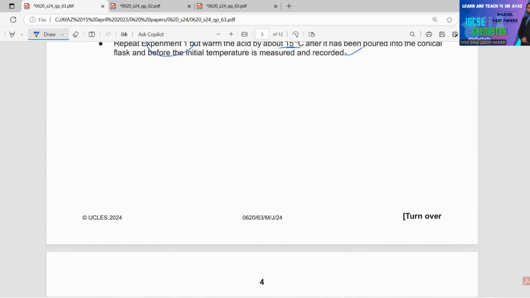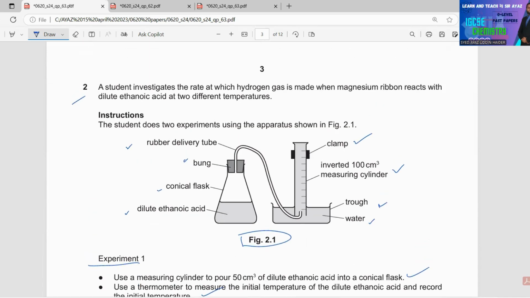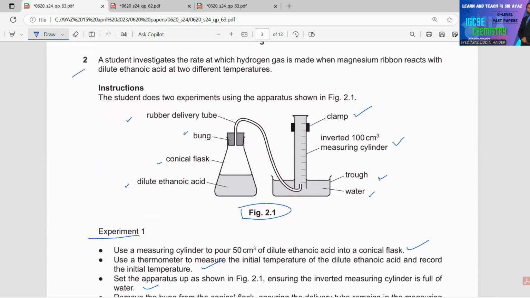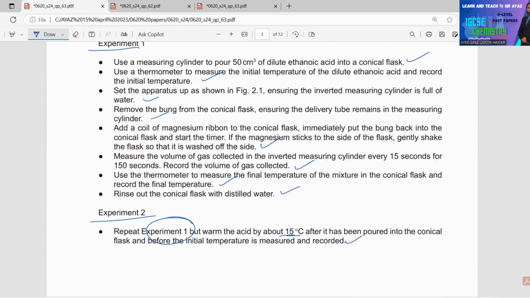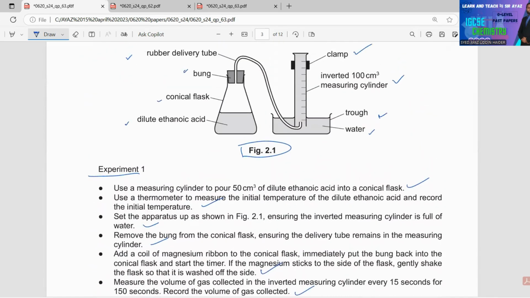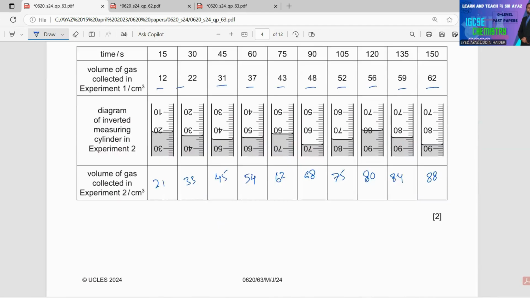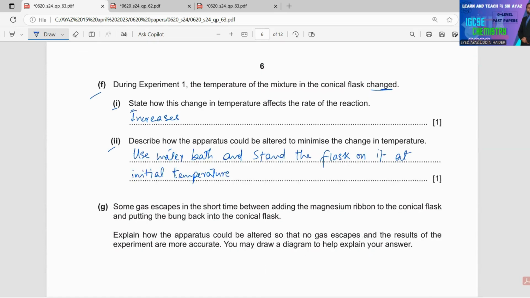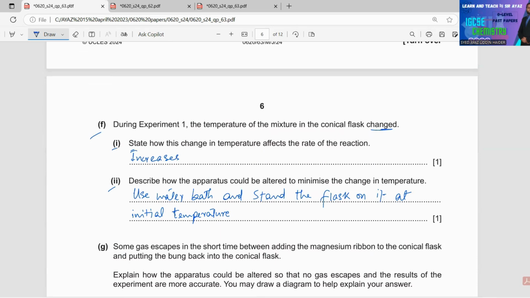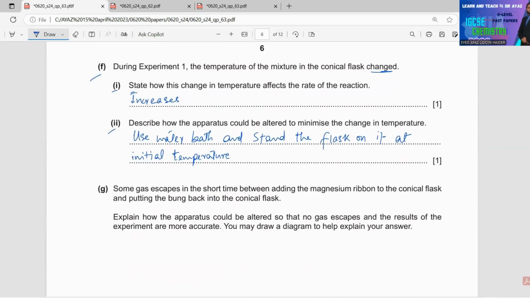Looking at the experiment, this is the only way we can do this. This way you can alter it to minimize the change in temperature.